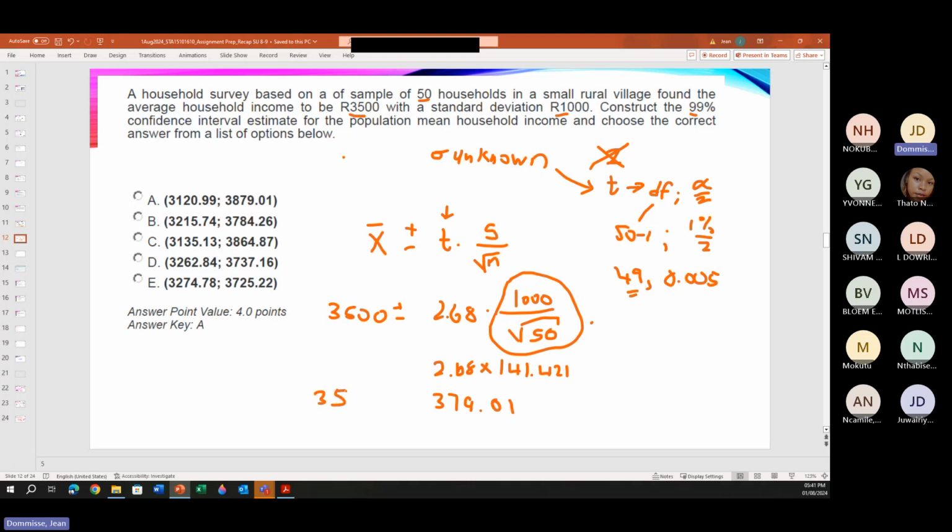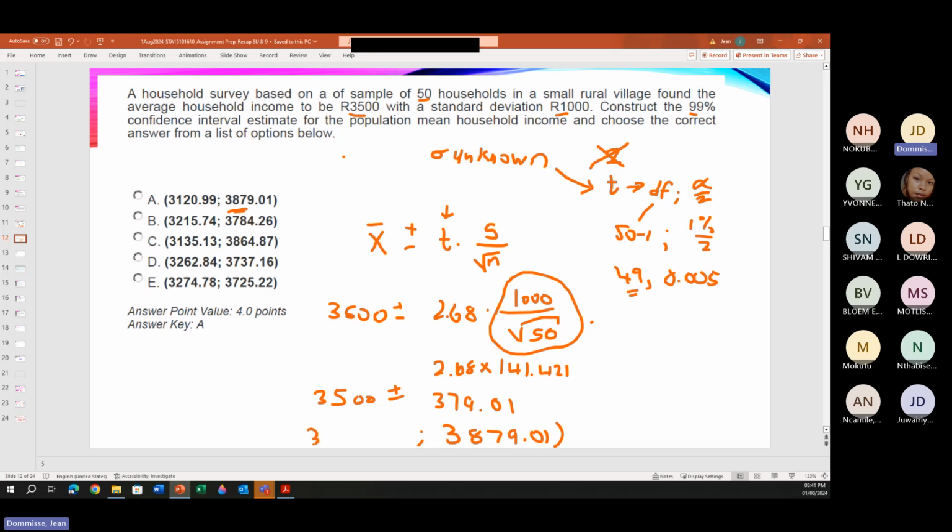So 3,500 plus minus this will give us at the top end 3879.01, which is option A. And then at the bottom end, just want to make sure that we get the same number.